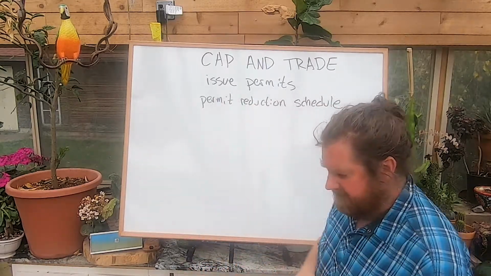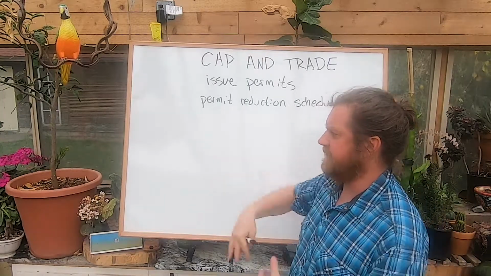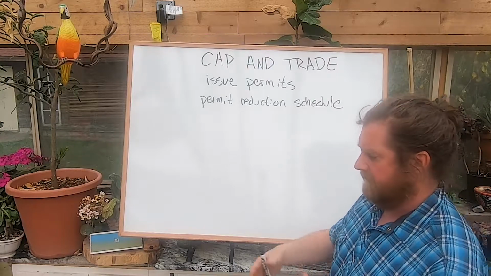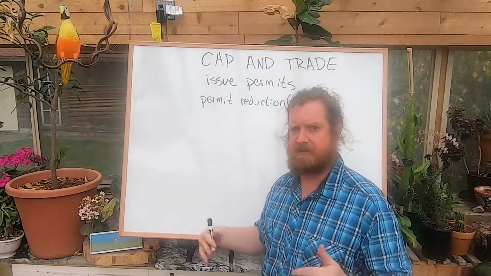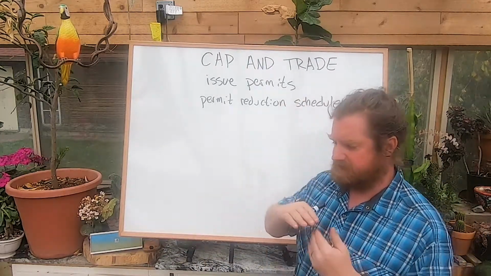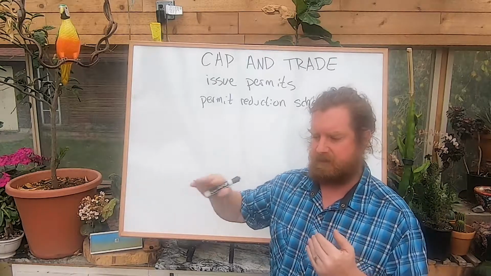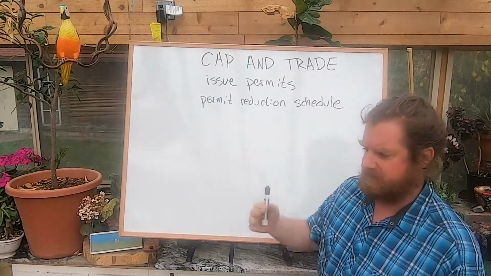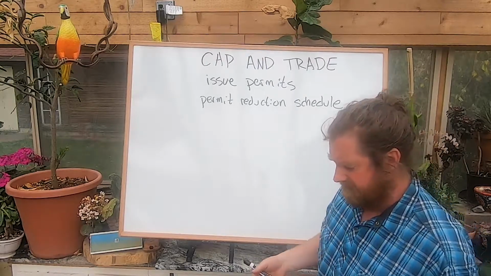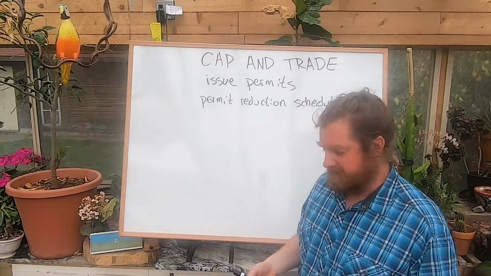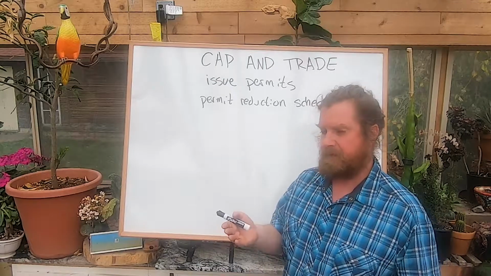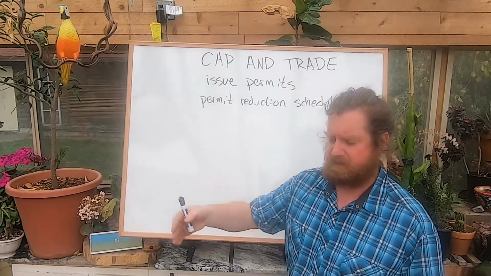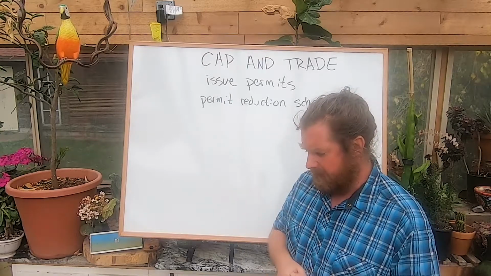So built into this is the notion that as the government issues these permits, like the first time we're starting this, everyone gets the permits and they cover their CO2 that they emit, but that total number of permits can actually be reduced in a set schedule. Like every couple of years, there's fewer and fewer permits, and what that does is it drives up the price that you can sell the permit if you're auctioning it off to a different company.